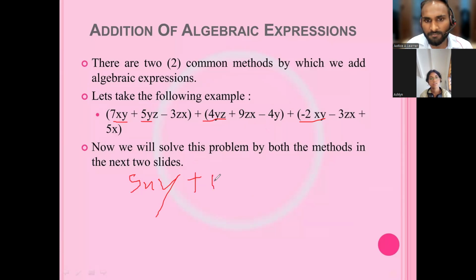Then next, there's 3zx, and then 9zx, and 3zx.